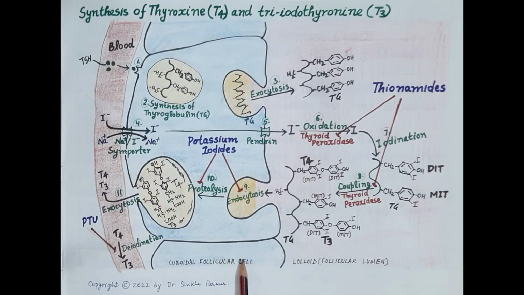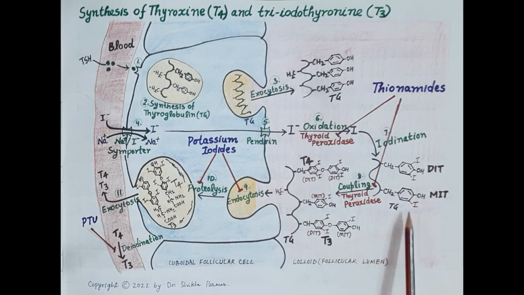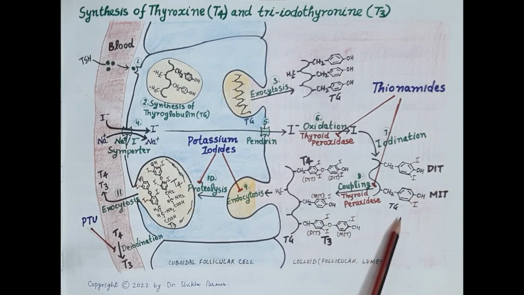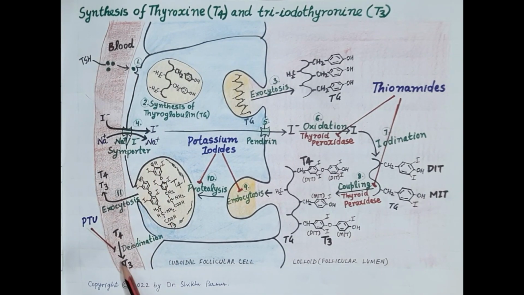Now look at this chart. It shows biosynthesis of T3 and T4. Now this is a zoomed view of the thyroid follicle. Now this is a single cuboidal cell and this is the central follicular lumen. Now the thyroid follicle is surrounded by blood capillaries and this is one of the blood capillaries.